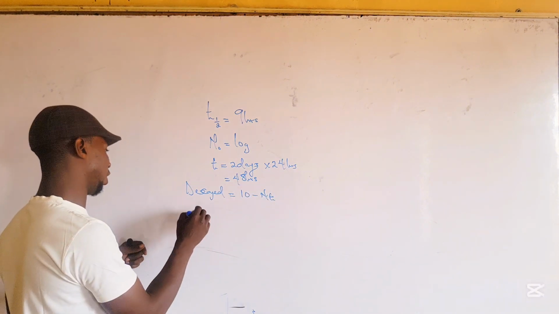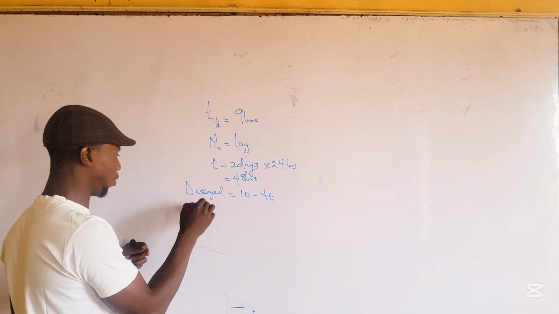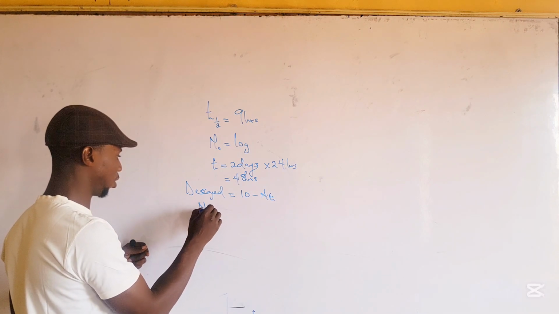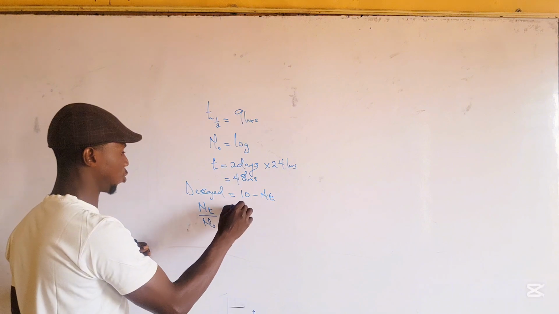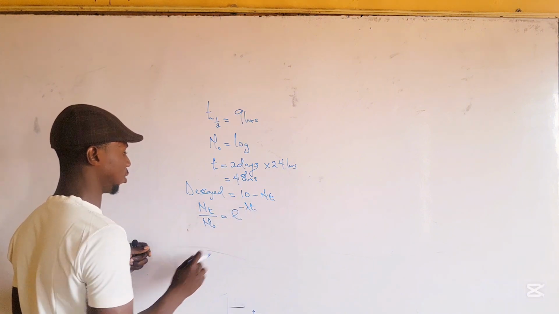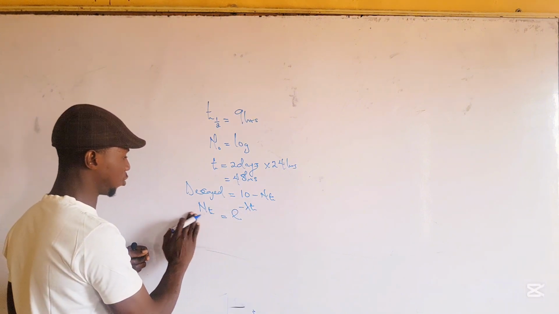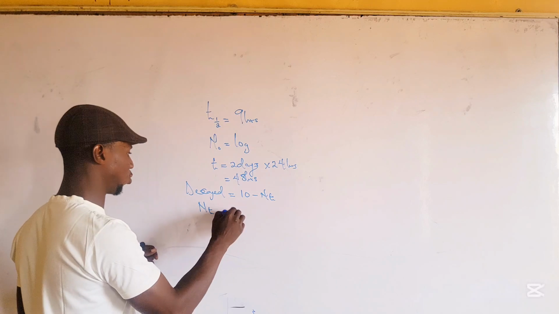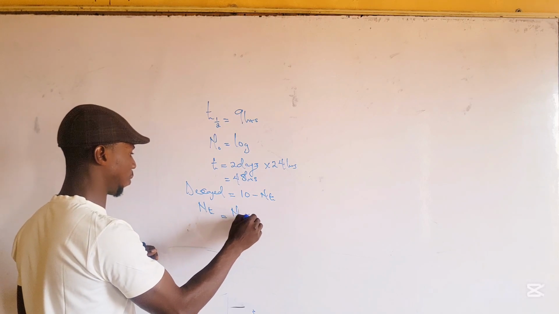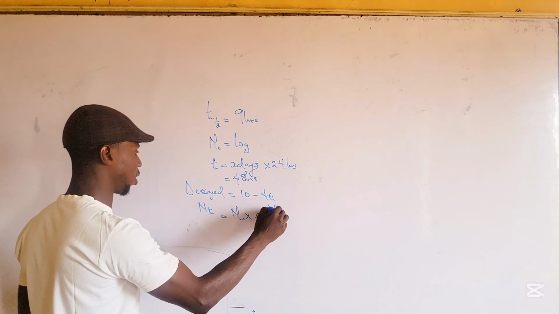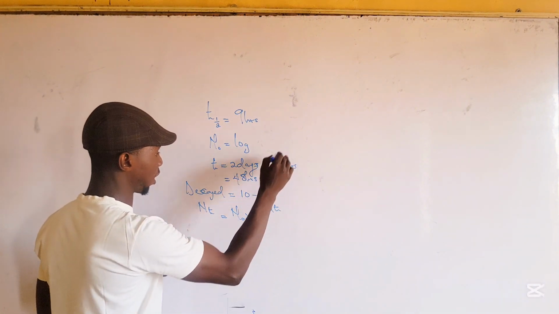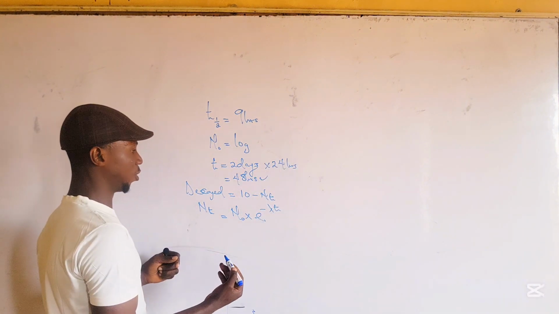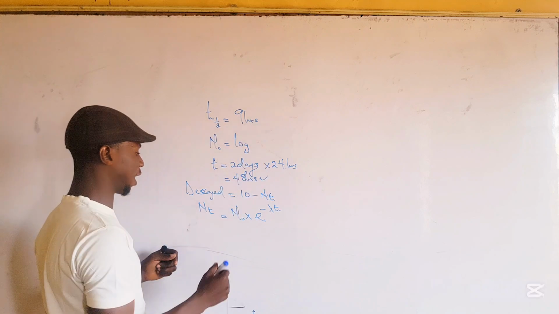To get N_t now, from our formula of N_t divided by N naught equals e raised to power minus lambda t, we can rewrite this to be N_t is equals to N naught multiplied by e raised to power minus lambda t. Now, t has already been given in the question to be 48 hours, but lambda is not given. Thank God we're given T half, we can get our lambda from there.